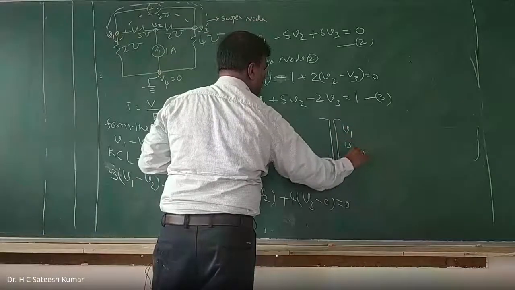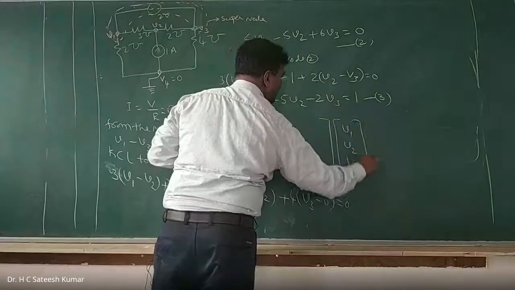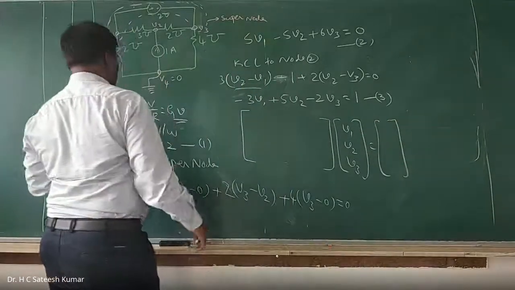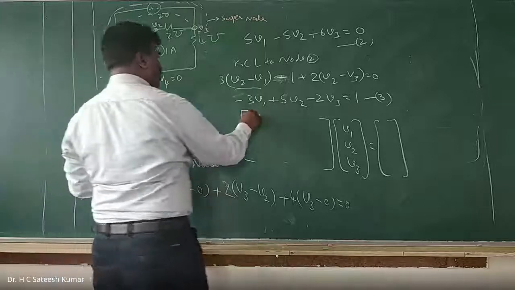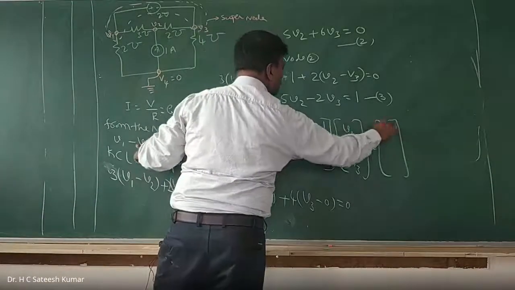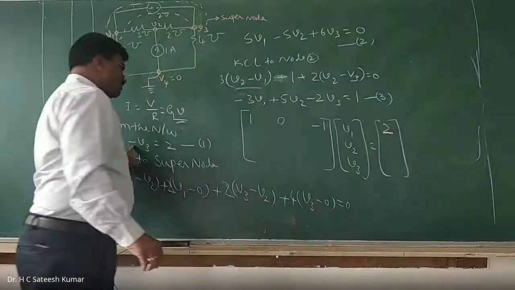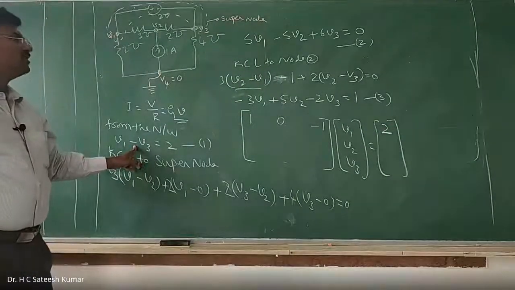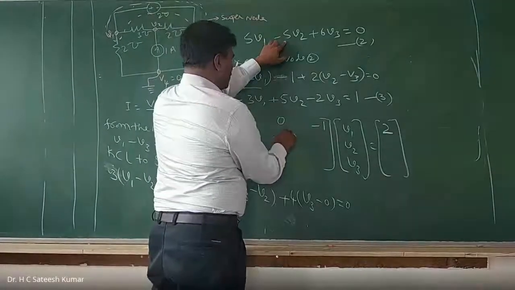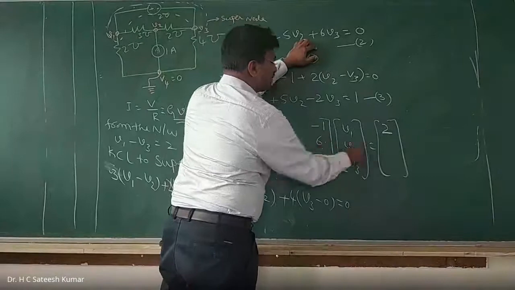V1, V2, V3 is equal to what? First equation, V1 coefficient is 1, V2 coefficient 0, minus 1, 2. From this one we don't have V2 terms, that's why I wrote 0. Second equation: V1 coefficient is 5, V2 coefficient minus 5, V3 coefficient 6, and this is 0.